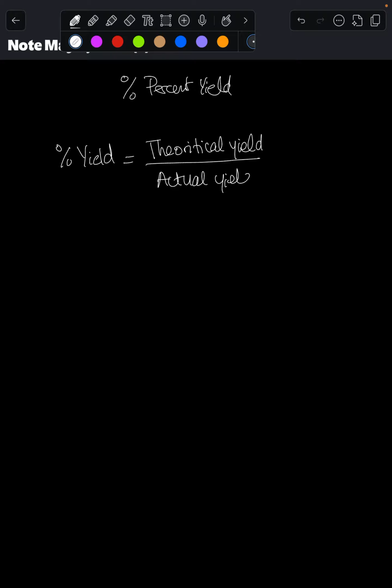This actual yield is an amount that is usually given to you in the problem because it is the yield given in an experiment, and it's not theoretical. And then you would multiply that by 100.